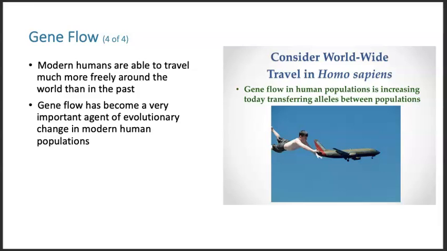And we, modern humans, are able to travel way more than we've ever been able to do in the past because of modern technology, like the airplane. So what that means is that gene flow has become very important in the evolution of modern human populations. Again, gene flow has changed modern human populations quite a bit.